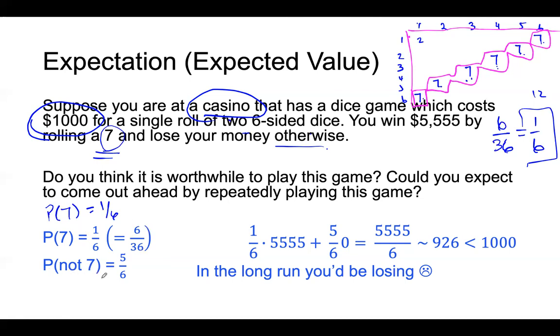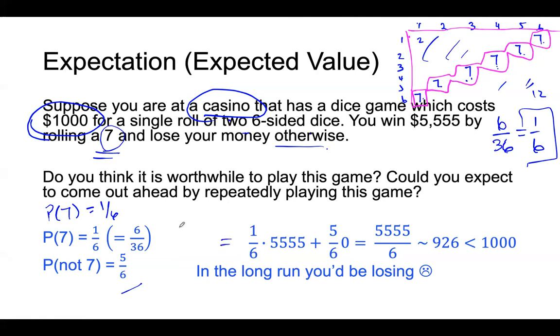Not rolling a 7 would be all the other options out here. And if you counted them up, there would be 30 divided by 36 or 5/6. So how do you use this expectation?